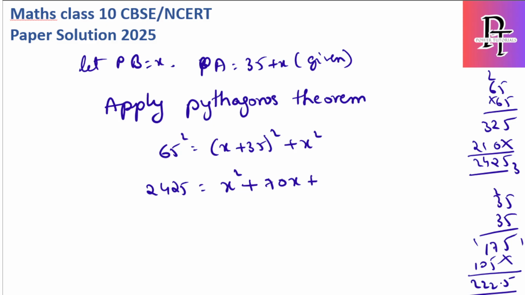So it is 1225 plus x square. If I move 1225 to the left side, I will get 4225 minus 1225 is equal to, it is not 2225, it's 1225.